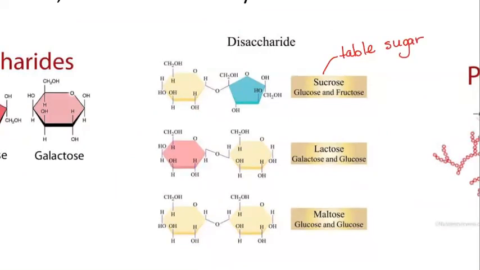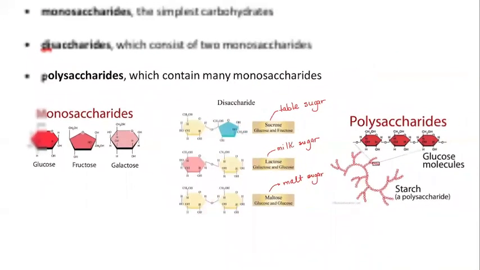There is lactose, which is what we know as milk sugar. And then we also have maltose, which is what we know as malt sugar. You can see here the different monosaccharides that, when linked together, make these disaccharides.